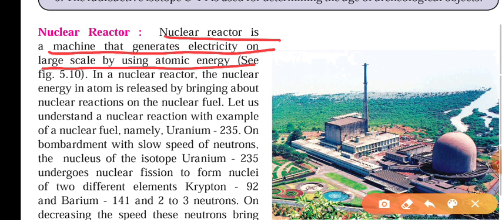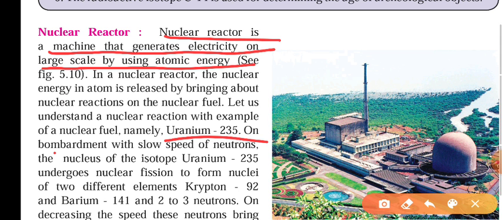In nuclear reactors we use uranium 235. The radioactive materials produce a huge amount of energy, and that is used to generate electricity.